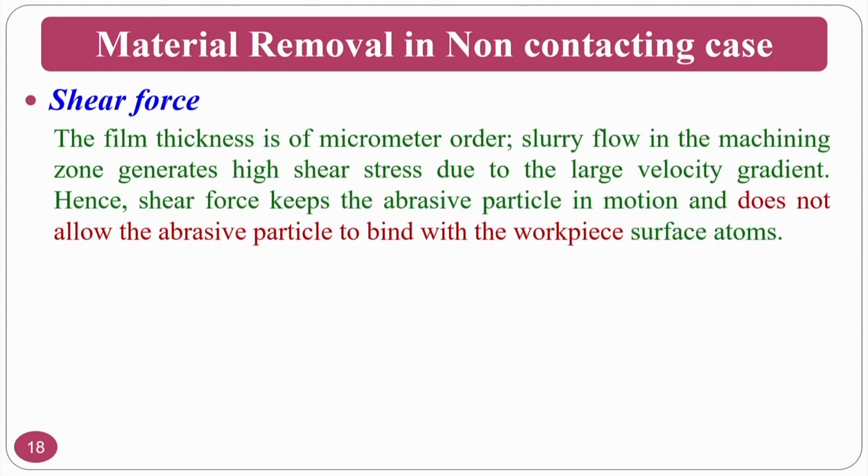The second one is shear force. With a film thickness of micrometer order, the slurry flow in the machining zone generates high shear stresses, due to which a large velocity gradient will be there. Hence, the shear force keeps the abrasive particle in motion and does not allow the abrasive particles to bind with the workpiece. That means whenever you give a rotational motion to the sphere, my abrasive particle has a chemical reaction with the workpiece at a particular location, and it should not be stagnant at that position.